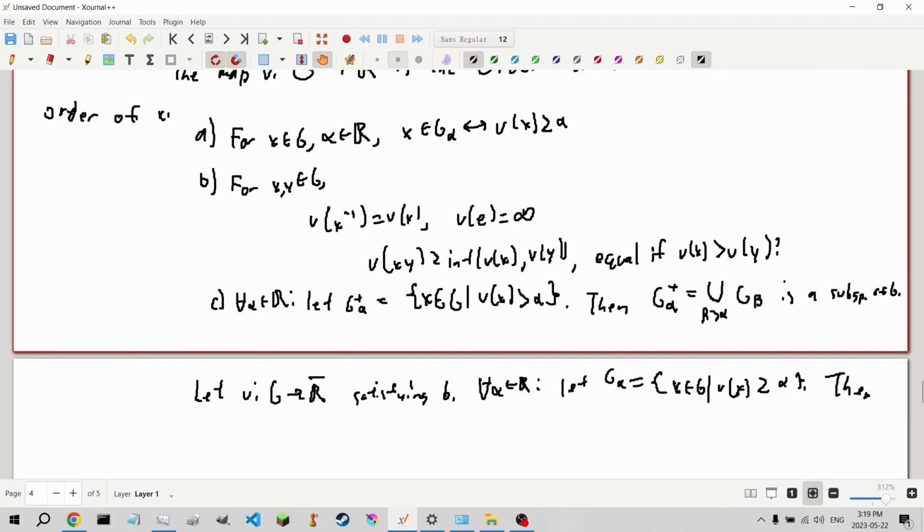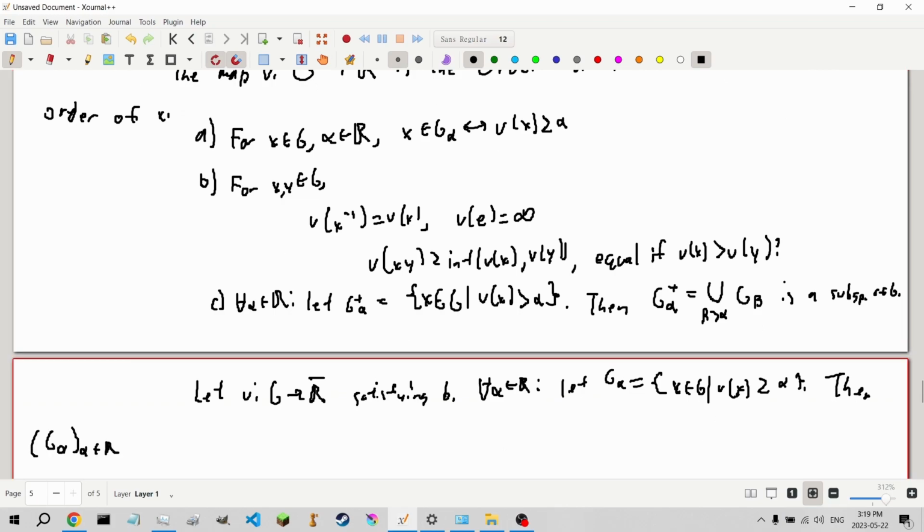And then G_alpha for alpha in R is a real filtration of G with order function V.